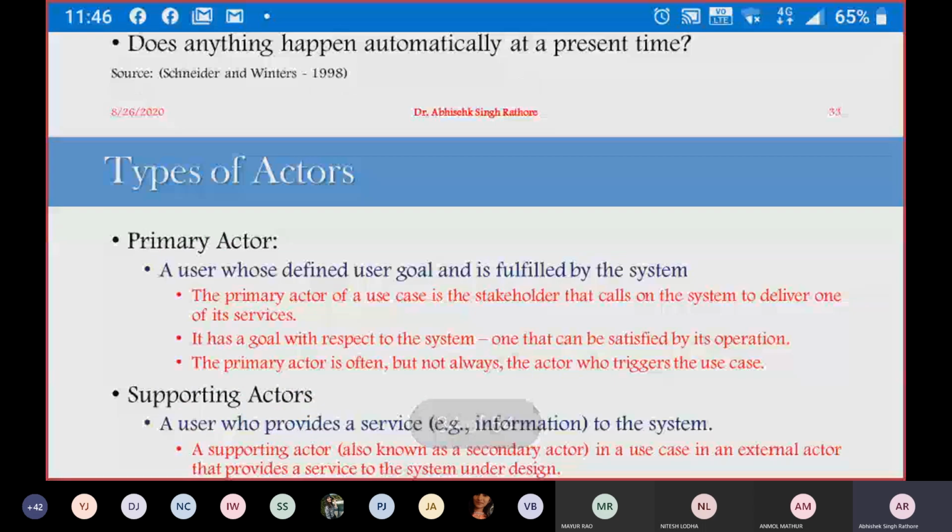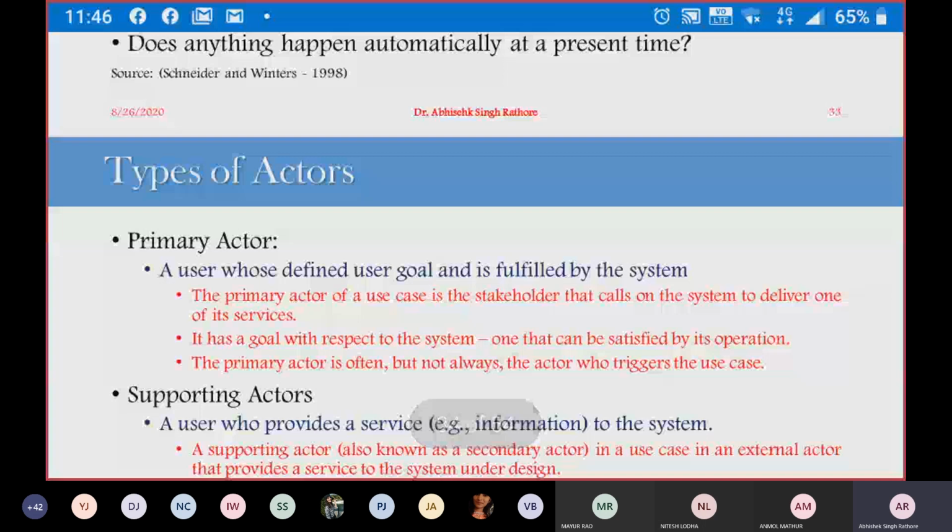So who is the primary actor? A primary actor is a user whose goals are defined and fulfilled by your system. Primary actors are usually the stakeholders of your system that get some services from your system, or that deliver some services to your system.